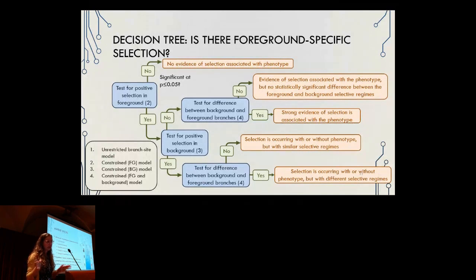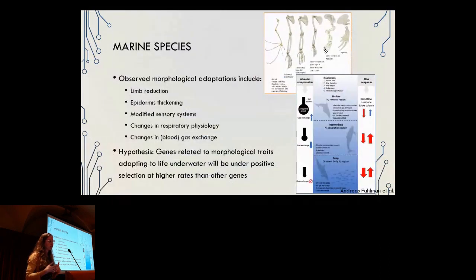Now, I think this decision tree is a lot easier to understand if we look at empirical data. So I'll continue to talk about marine mammalian species. Going into this analysis, we had some observed morphological adaptations, which include limb reduction and thickening of the epidermis and some other adaptations that I have listed here.